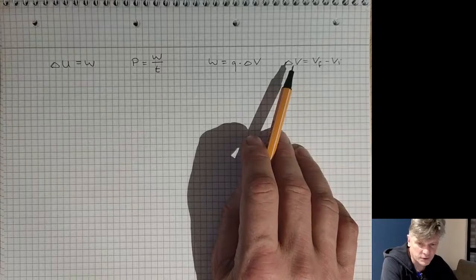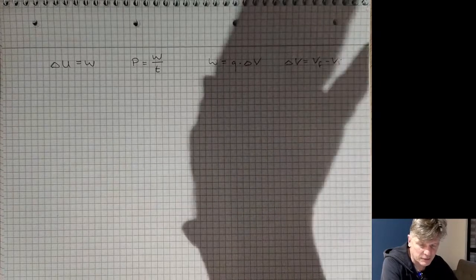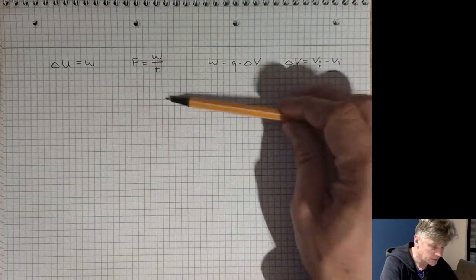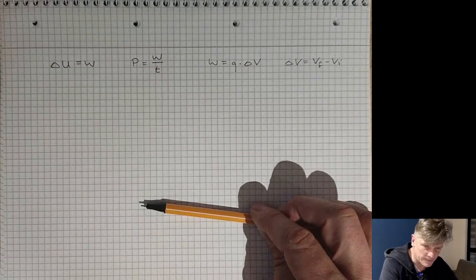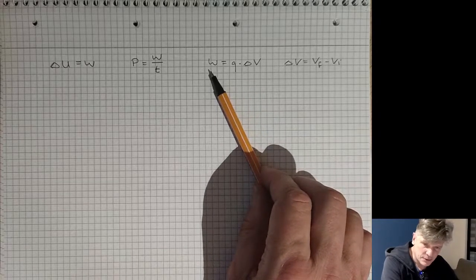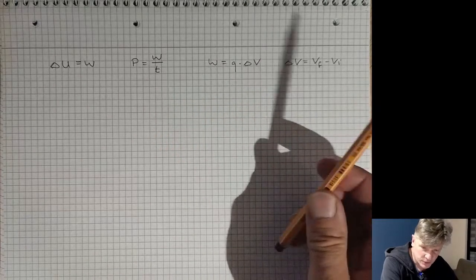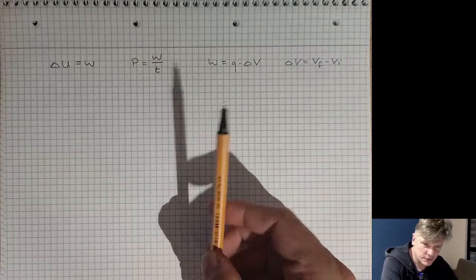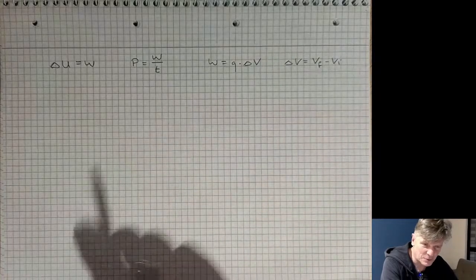It's a voltage drop. So it travels from a system of higher potential to a system of lower potential. And with Q being positive, W is negative, which means the system is doing work, which is good because that's in accordance with all our formulas we derived so far.